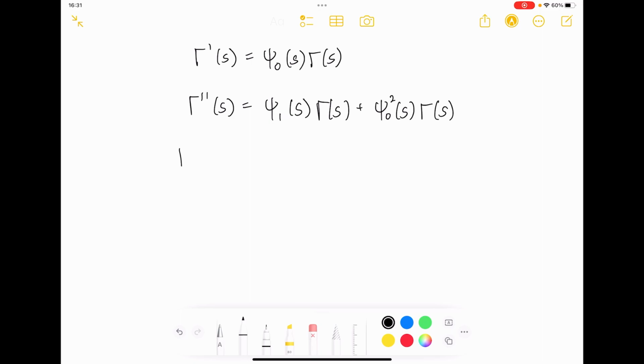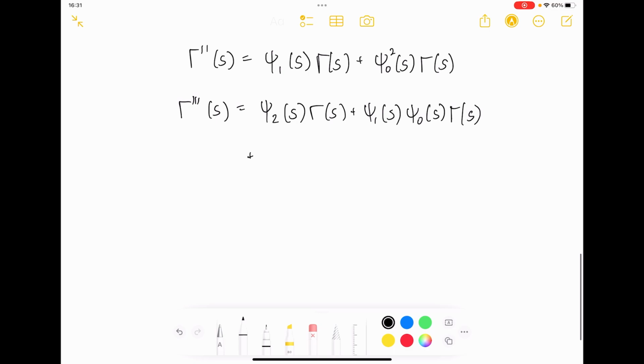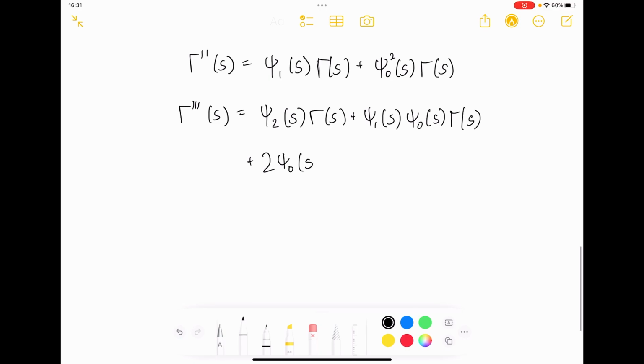So gamma triple prime of s. For the first part, we get psi 2 of s times gamma of s plus psi 1 of s times gamma prime, which is psi 1 times psi naught times gamma. For the second part, we get the derivative of psi naught squared, which is 2 psi naught times psi 1, by the chain rule, times gamma, plus psi naught squared times gamma prime.